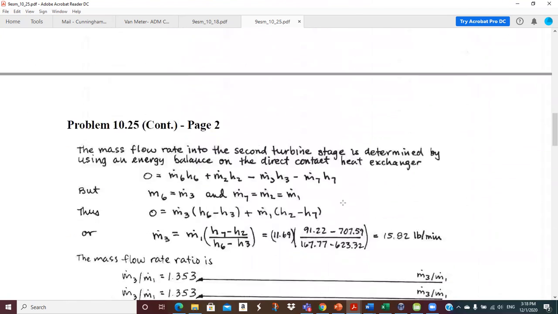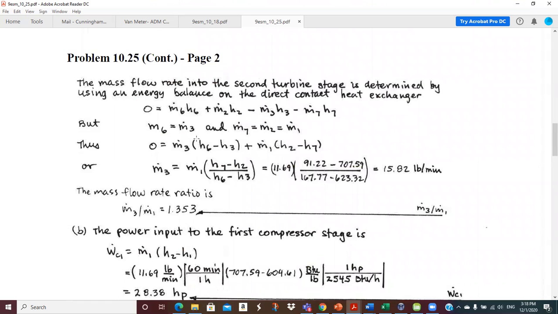So we should be able to see that. Coming in at 6, so m dot 6 times h6. Coming in at 2, m dot 2 times h2. Leaving at 3 and 7, so minus m dot 3 h3 minus m dot 7 h7.